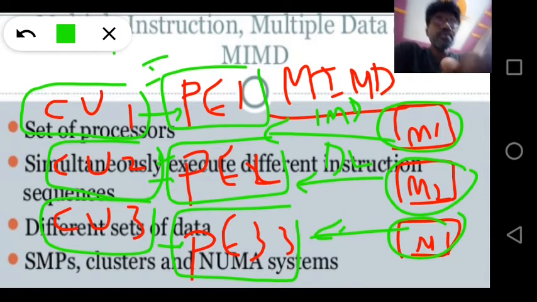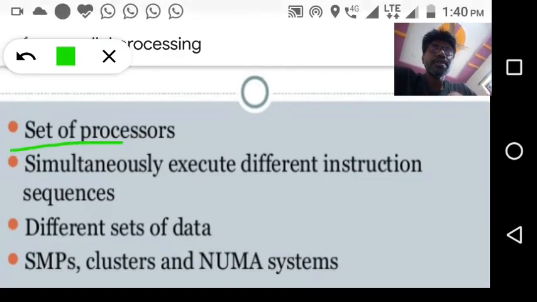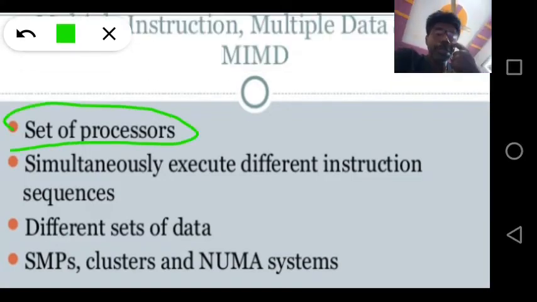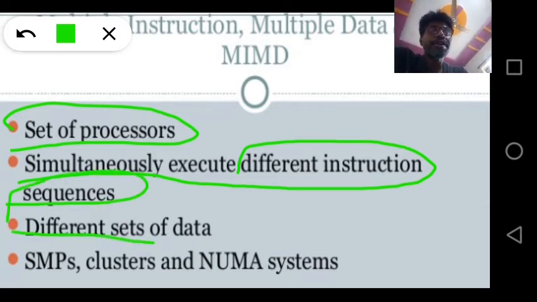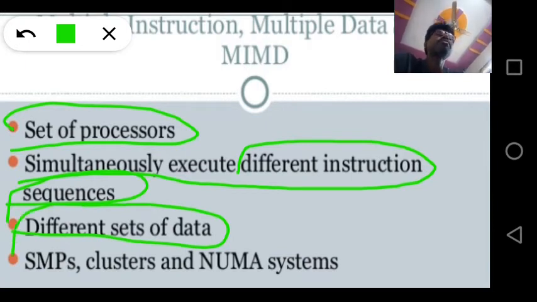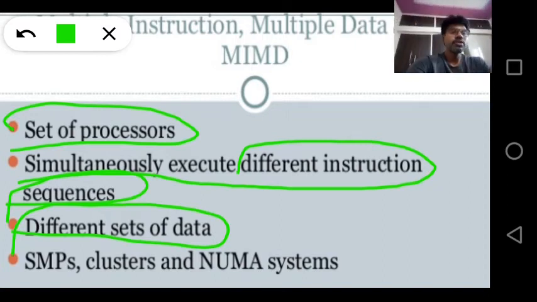So how it works, try to understand. Here we have a set of processors that simultaneously execute different instructions, not the same instruction, different instruction sequences on different sets of data. So in SIMD, same instruction on different sets of data, but MIMD is an advanced version of SIMD.